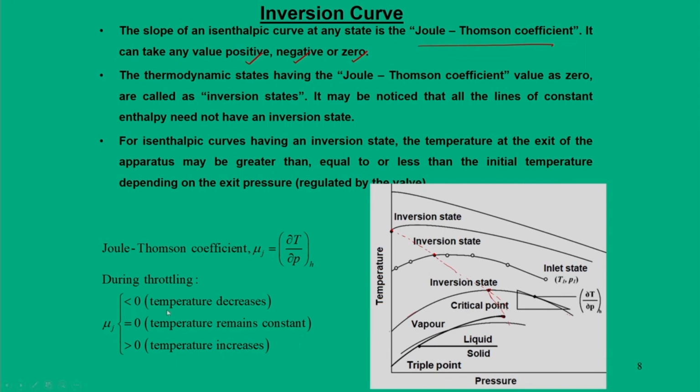So when mu JT is less than 0, the temperature drops, and when mu JT is greater than 0, the temperature increases. And this particular state point we call the inversion state.